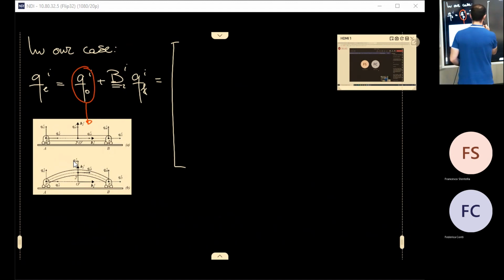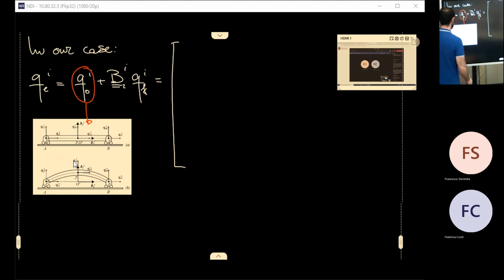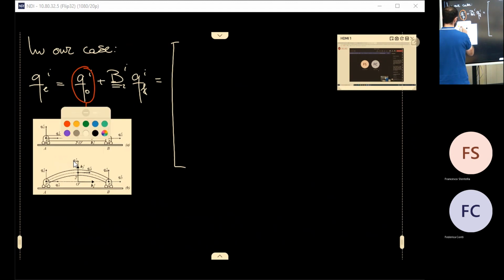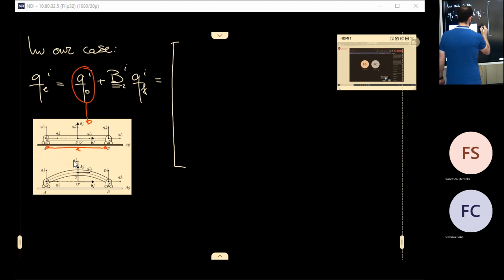So what is the value of these coordinates? 1, 2, 3, 4, 5, and 6. Well, if the length is L as usual, so that this is basically L, we're gonna have minus L divided by 2.